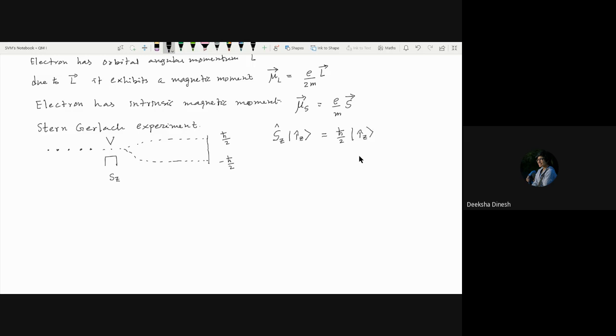Similarly, you can have down z, which is also an eigenstate of Sz with eigenvalue minus h cross by 2. Since there are only two values, these are orthogonal to each other. That means if it is up z, it does not come to the downward beam.